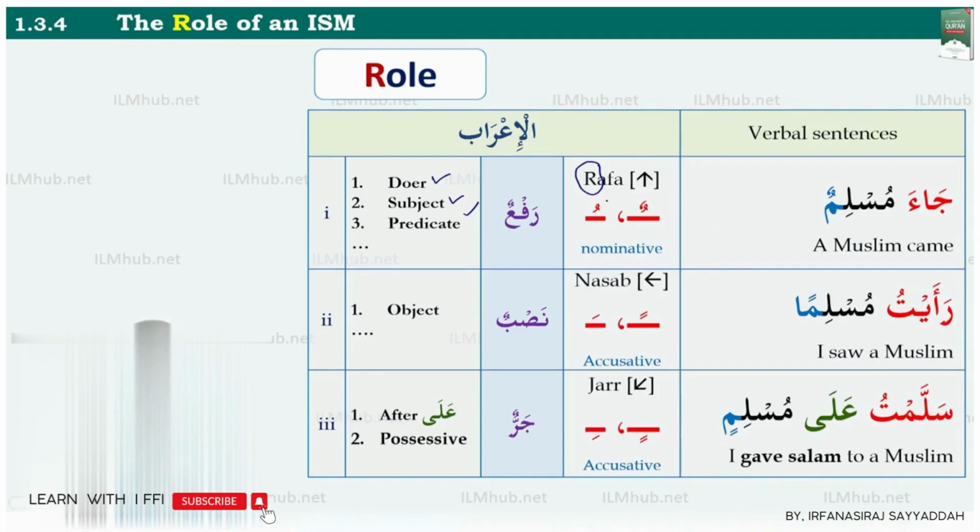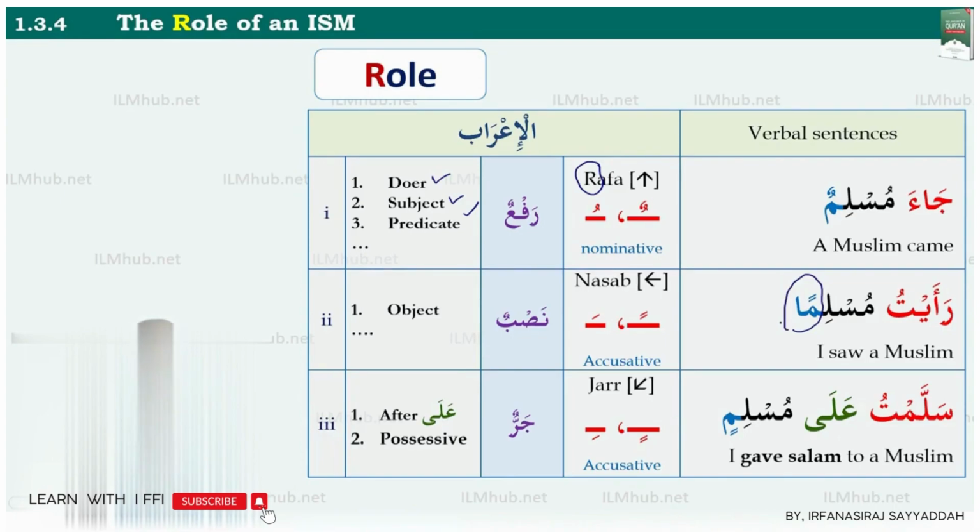Inshallah, by the time we get to lesson number 2, you'll become familiar with these concepts. As far as nasab is concerned, there are many. The most important one is the object. So I saw a Muslim, ra'aytu musliman. Ra'aytu musliman, object. And the third I'rab, which is jar.